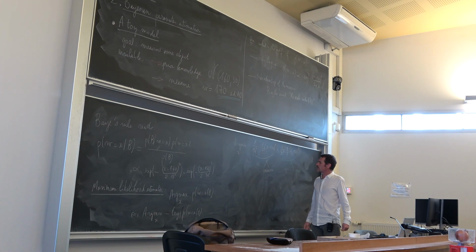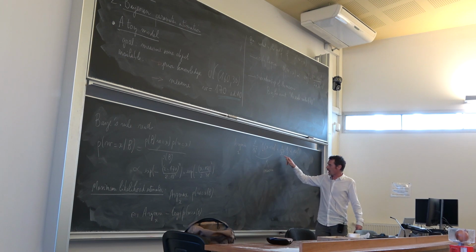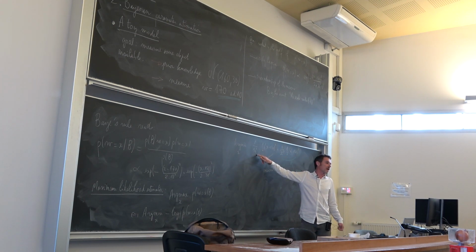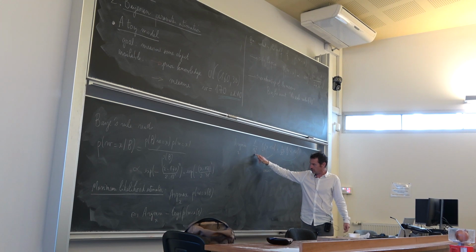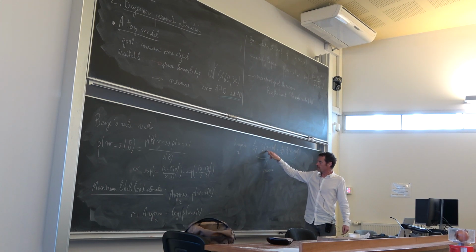So what else do I want to say? Yes, you see that there are some weights here that depend on the standard deviation of the error. And in fact, the weight is larger in front of the term where the error is smaller.